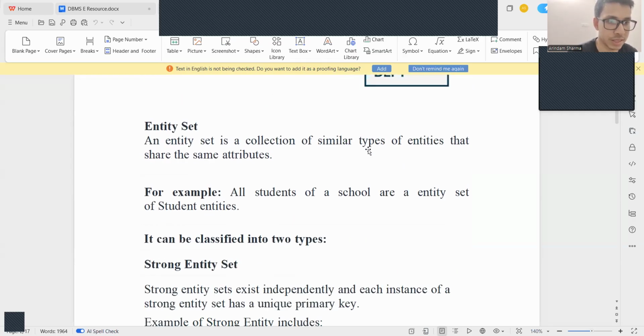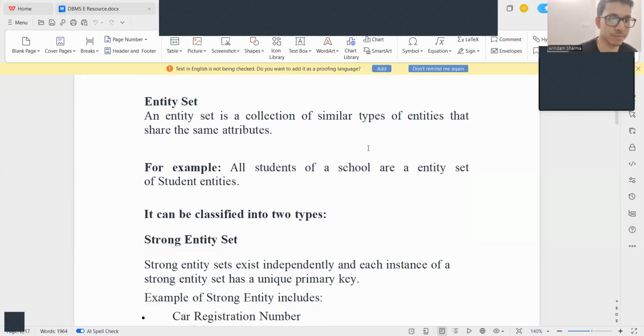Our next topic is entity set. It is a collection of similar type of entities that share the same attribute. Whenever they share the same attribute, it is called an entity set.